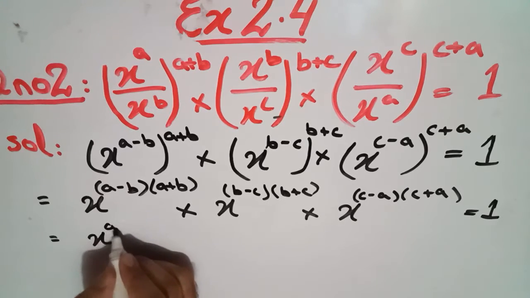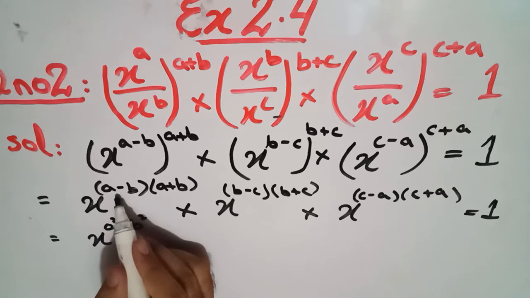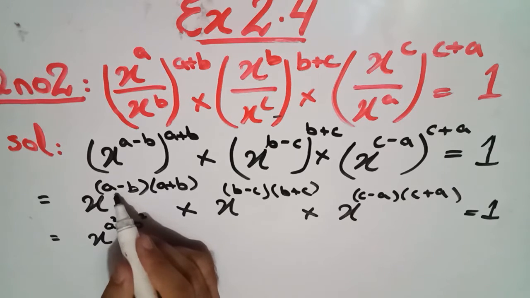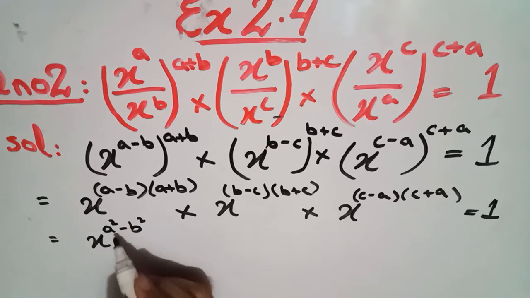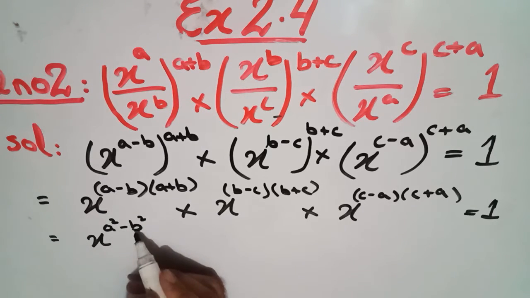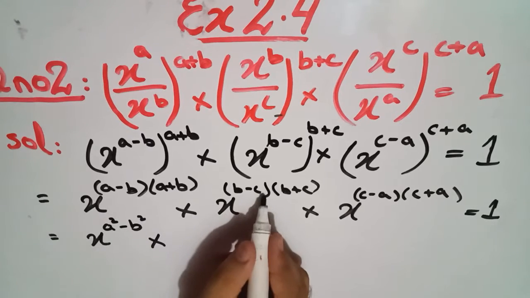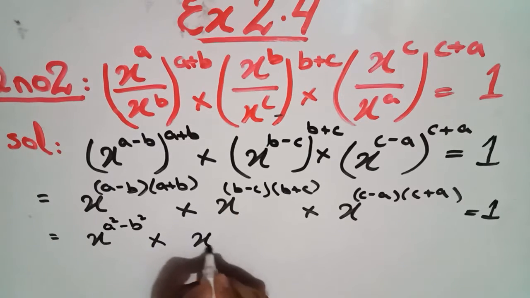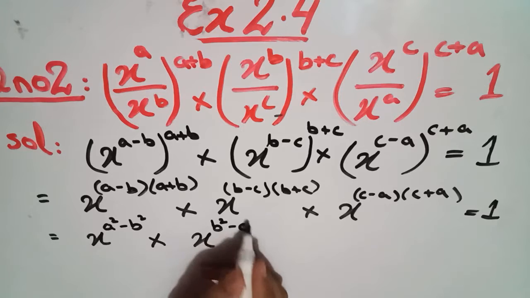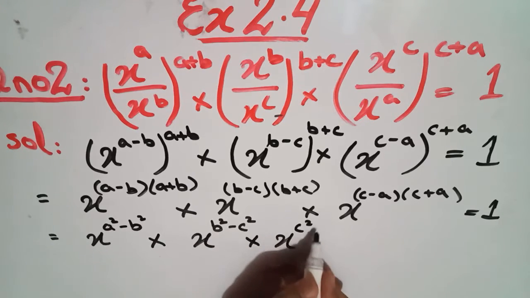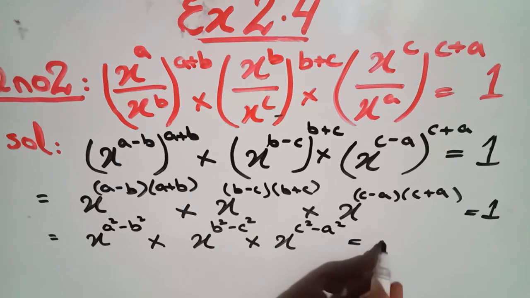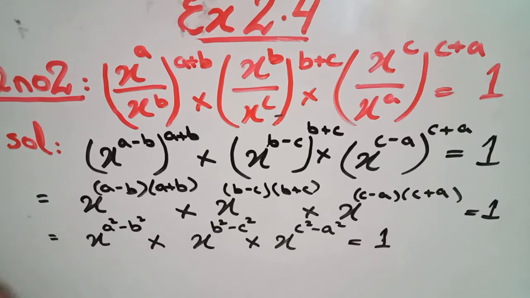It is the open form of the formula a minus b and a plus b, and when you close it, it will become x raised to power a square minus b square, multiply x raised to power b square minus c square, multiply x raised to power c square minus a square. Okay, which will be equal to 1 in the last step.